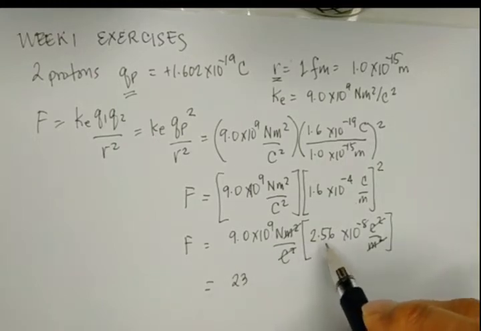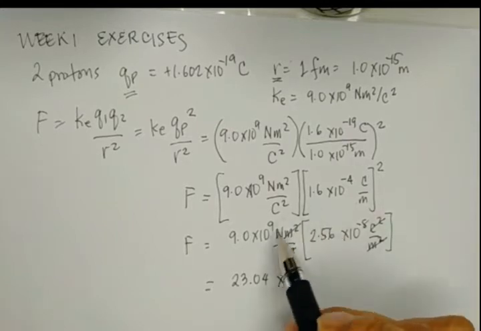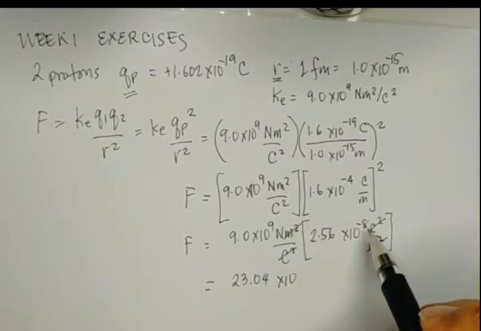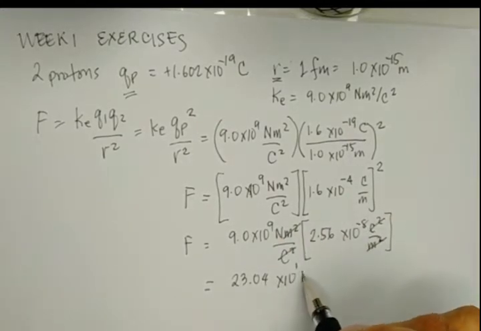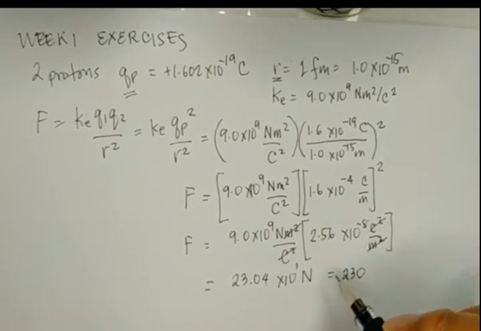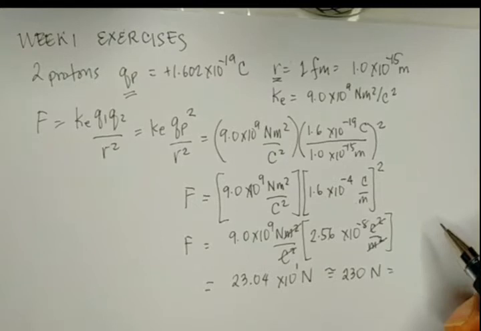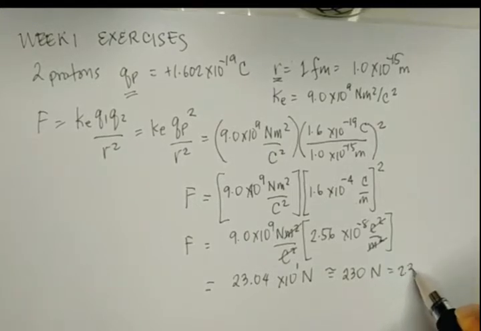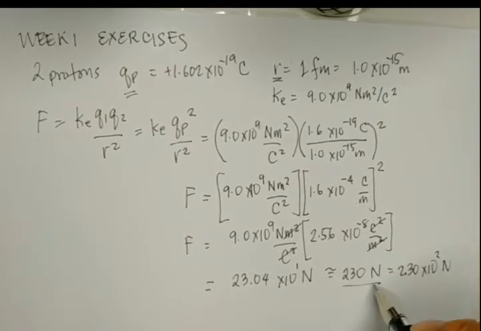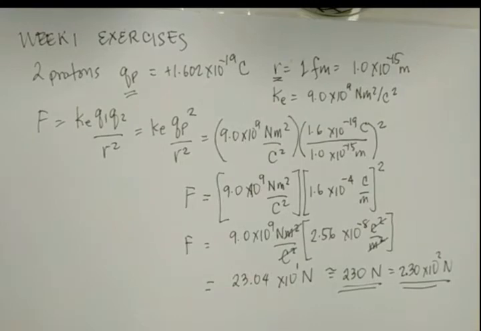In the product ng 9 tsaka 0.04 times 10 to the, okay, this is 9 at saka minus 8, that gives you 1 Newton, or 230, approximately 230 newtons, or scientifically can be written as 2.30 times 10 to the 2 Newton. So either of the two will do as your solution.